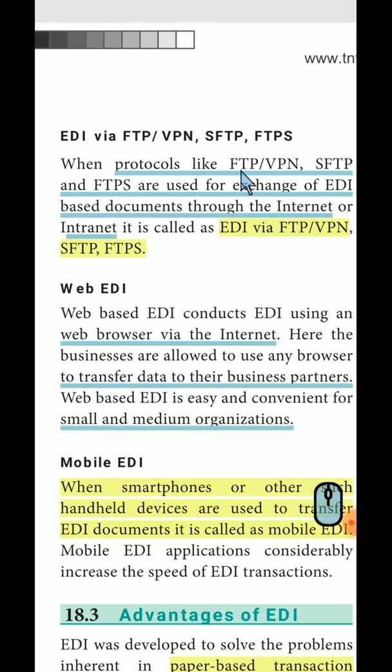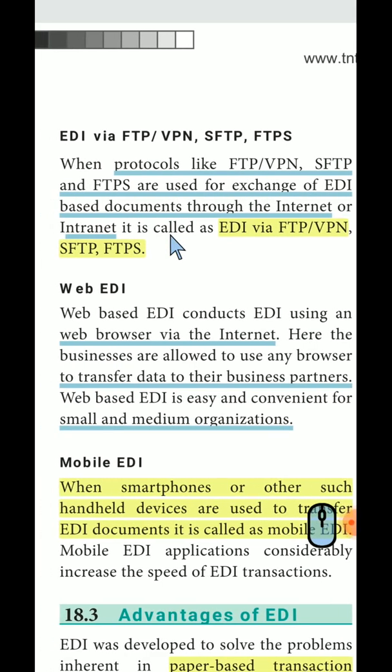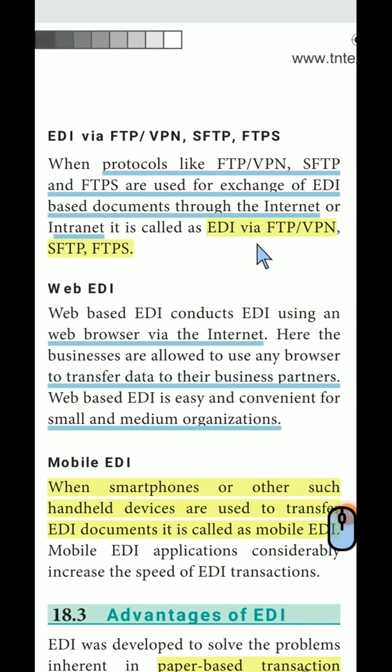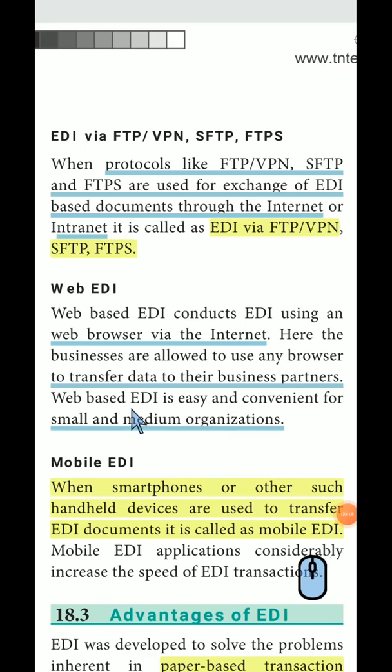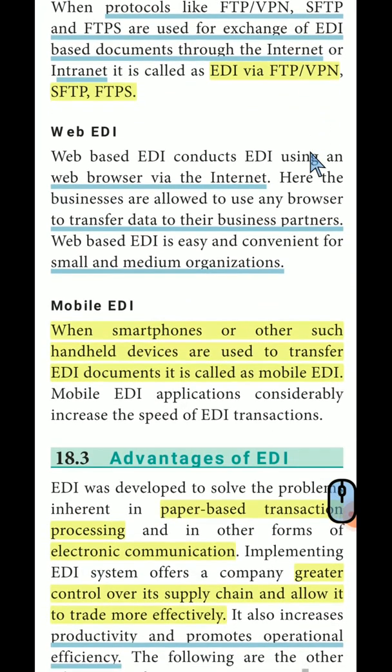When protocols like FTP, VPN, SFTP and FTPS are used for exchange of EDI-based documents through the internet or intranet, it can be either internet or intranet, it is called EDI via FTP or VPN or SFTP or FTPS.